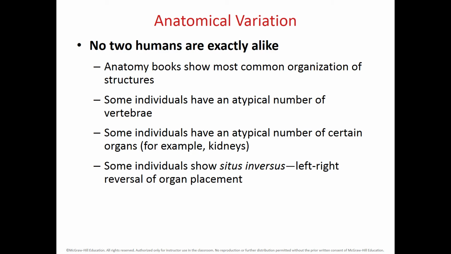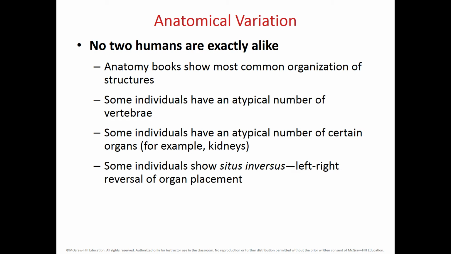Now, you can expect in anatomy, when you're inspecting a body, in some cases to have anatomical variation. That anatomical variation is normal in some cases, and no two humans are alike. We are similar, but we are not exactly alike.